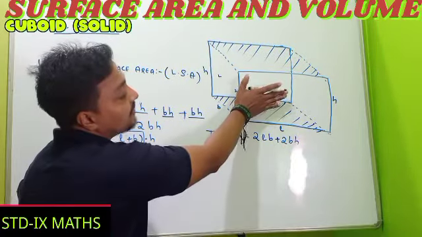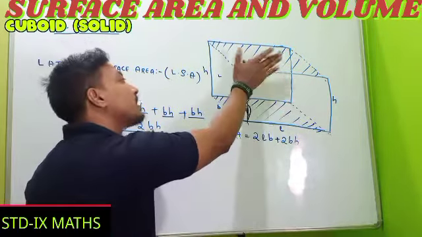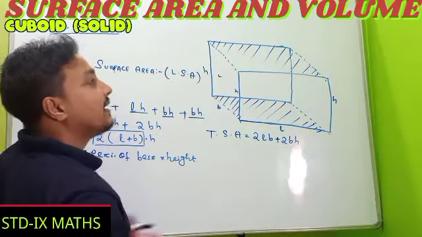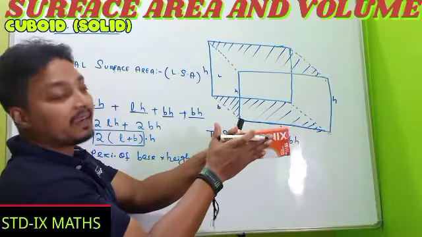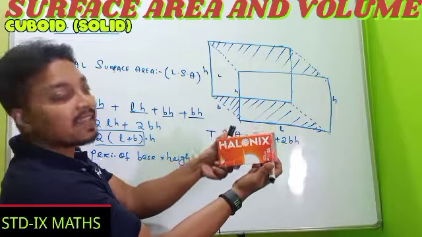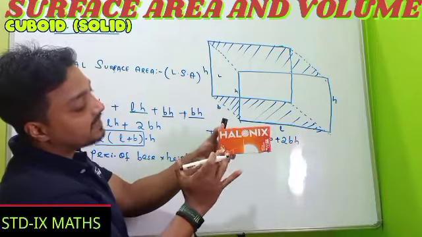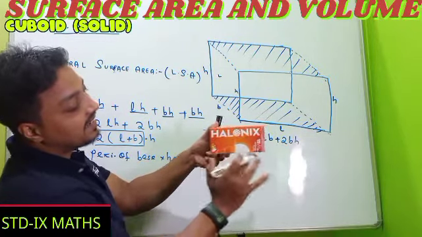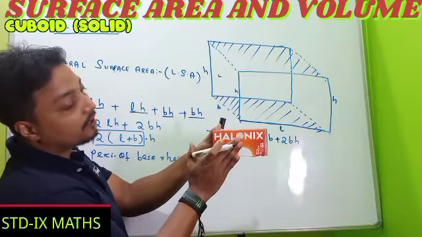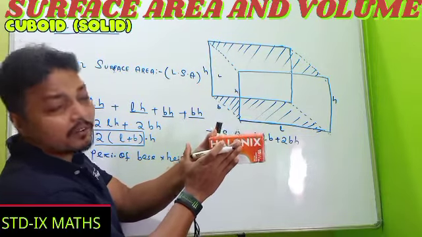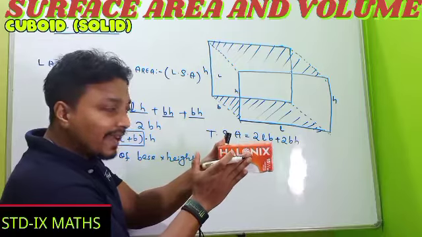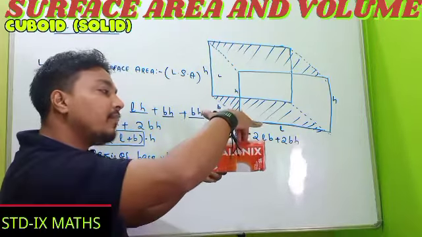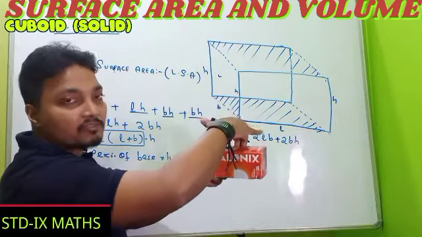And the area of the front one is the same as the area of the back side one. The area of the front side is L here, H here, so the front face area is LH, and the back side one is also LH.